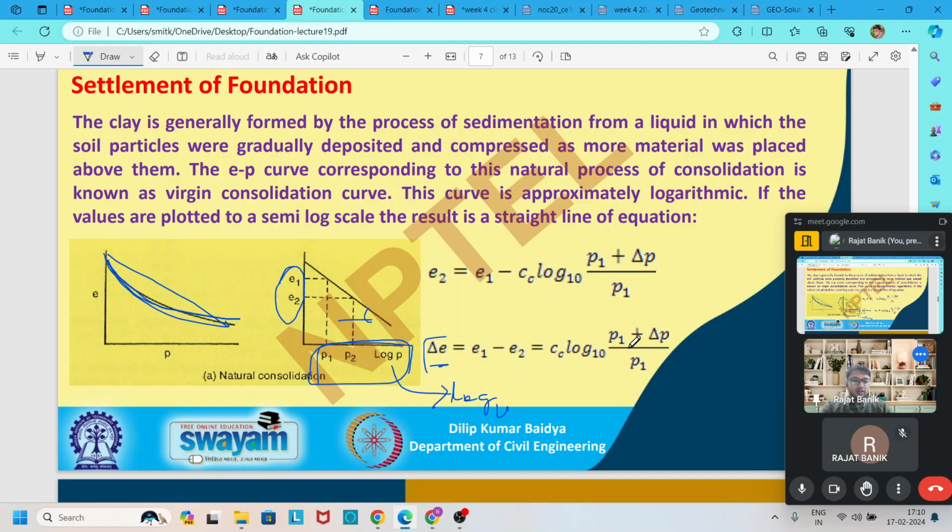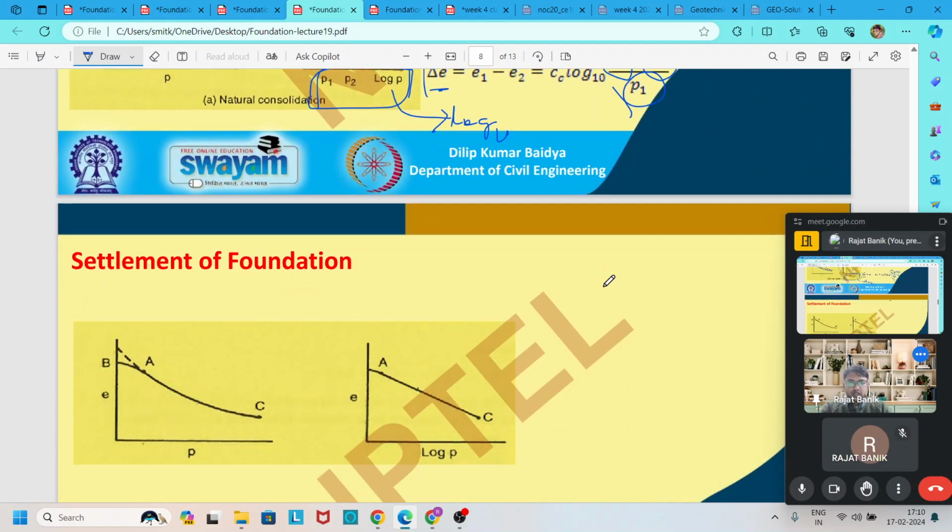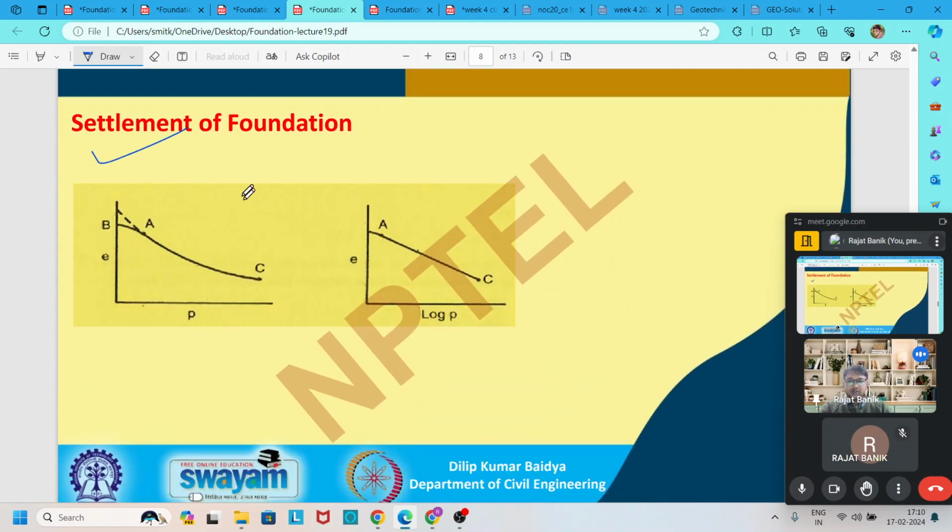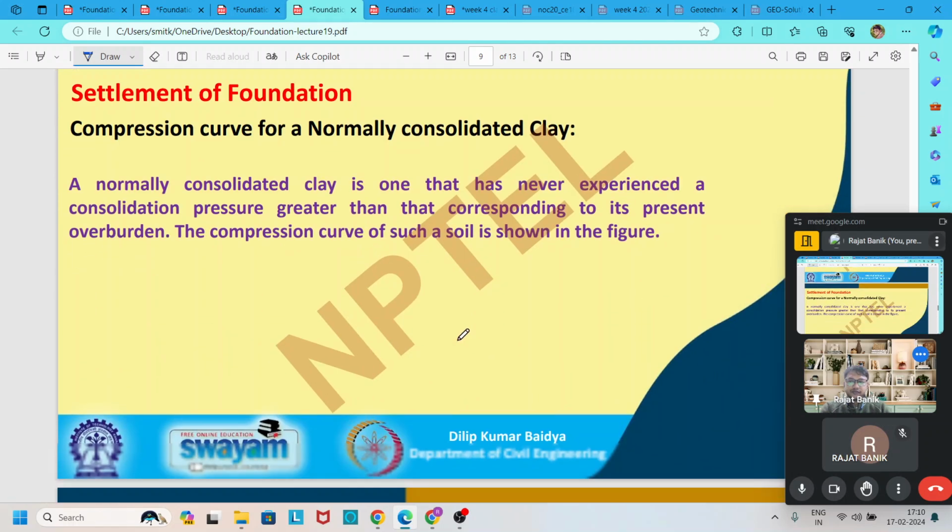So log10 of P1, that is the previously present pressure, plus delta P, that is the change in pressure after the construction of the foundation, divided by the previously present pressure of the ground. Then here some curves and points are given, you go through them.